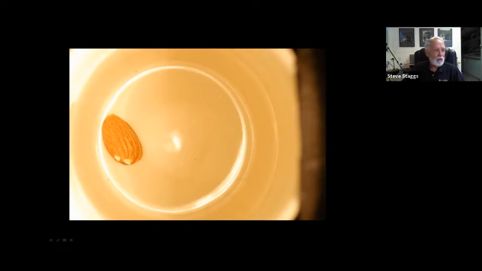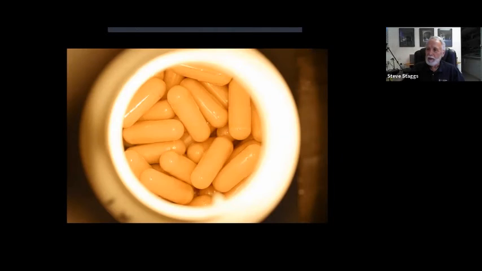This way we have nice even lighting. And then this is a photograph with some pills or supplements in a bottle. Again, trying to shoot inside a bottle like that, very difficult.